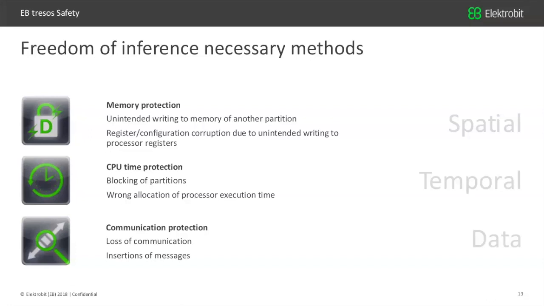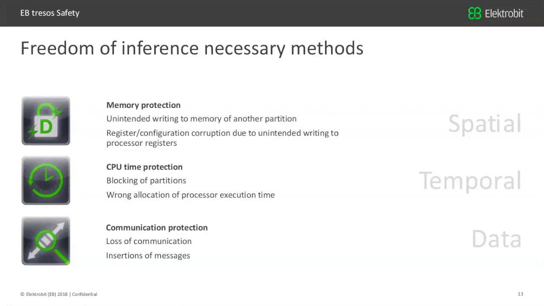Okay, and this freedom from interference argument also brings in the EB products. If I bring down my requirements to freedom from interference, so if I have a requirement in the end for freedom from interference, I can use safety elements out of context.